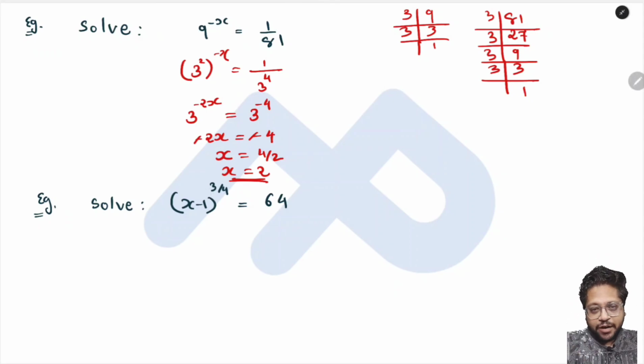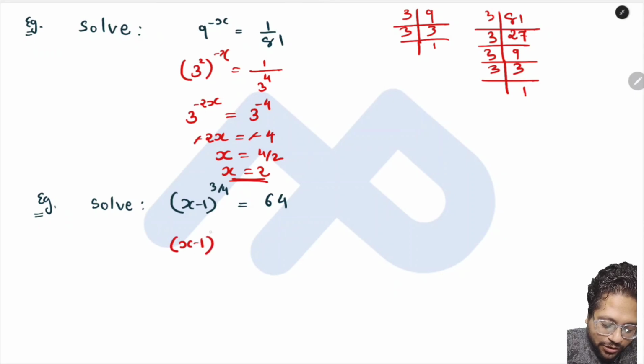To make it 1, I'll have to multiply the 3 by 4 by some other number. And a simple maths rule says that if you multiply any number with its reciprocal, you'll get 1. So here the power is 3 by 4, and the reciprocal of 3 by 4 is 4 by 3. You already know that. So for x minus 1 raised to 3 by 4, to make it 1, I'll have to multiply 3 by 4 by 4 by 3.